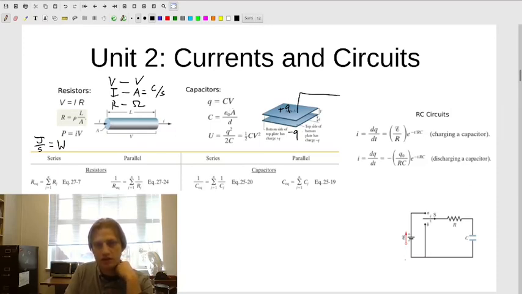So you can connect this up to a battery, plus minus battery of some voltage, and that would allow you to charge up that capacitor.